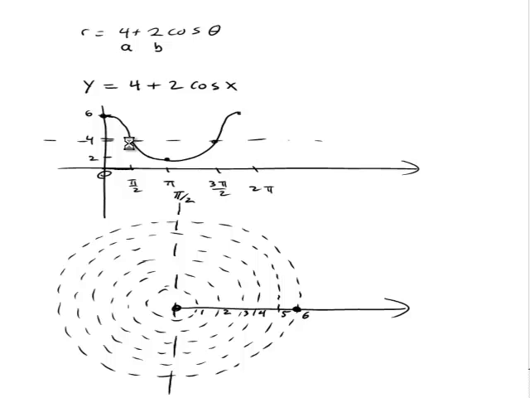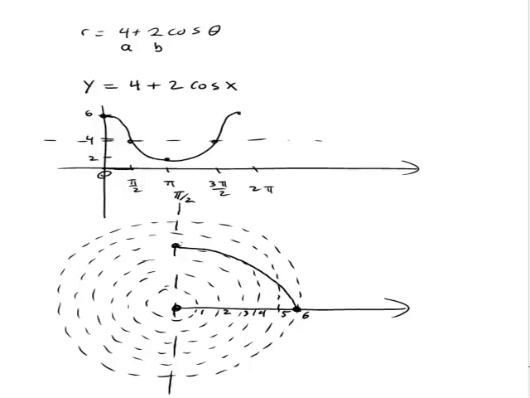And so at pi over 2, r is equal to 4. So 1, 2, 3, 4, right about there. And r is going to decrease to that, from 6 to 4, way down here like that.